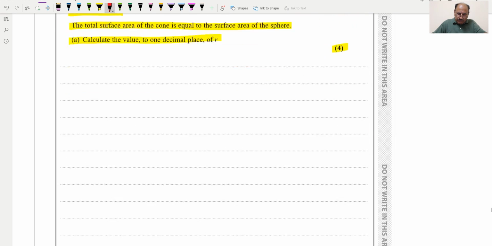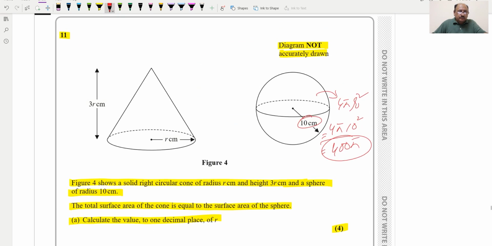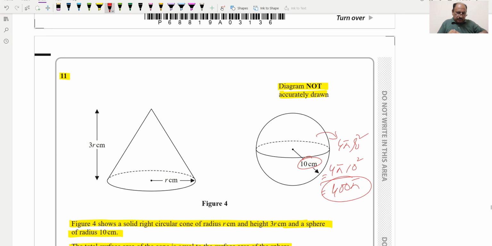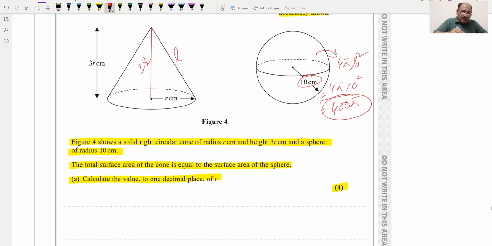Now, L is equal to what? A slanting height is required for this, so we can draw it. So this is 3r, and L is required. We can apply Pythagoras theorem on this right angled triangle.